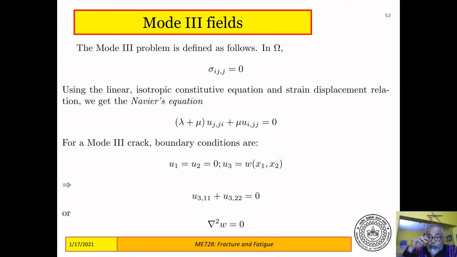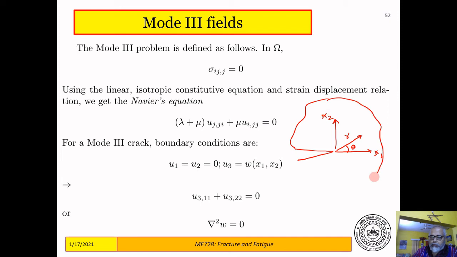So let us try to find the mode 3 fields. Just recall that for this crack, in an infinite body, mode 3 is where you apply sigma 2 3 0, coming out of the slide.